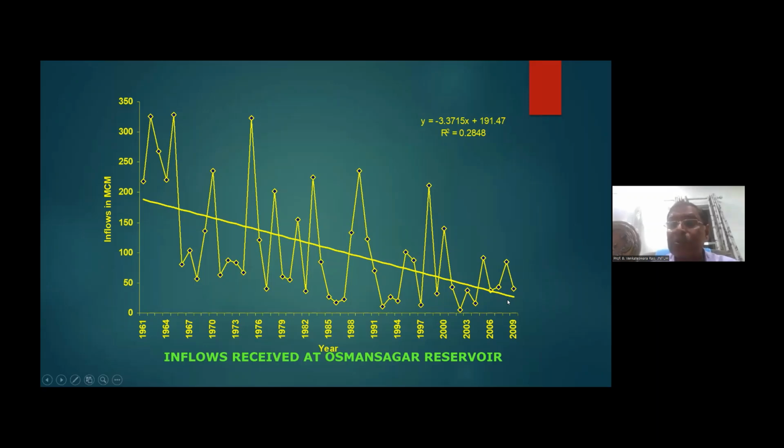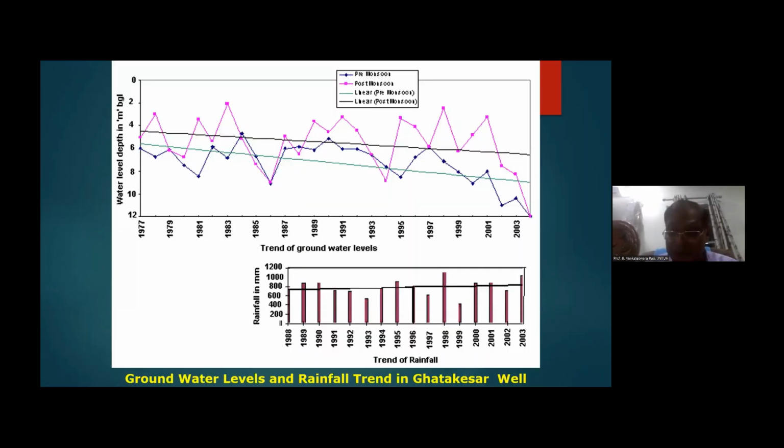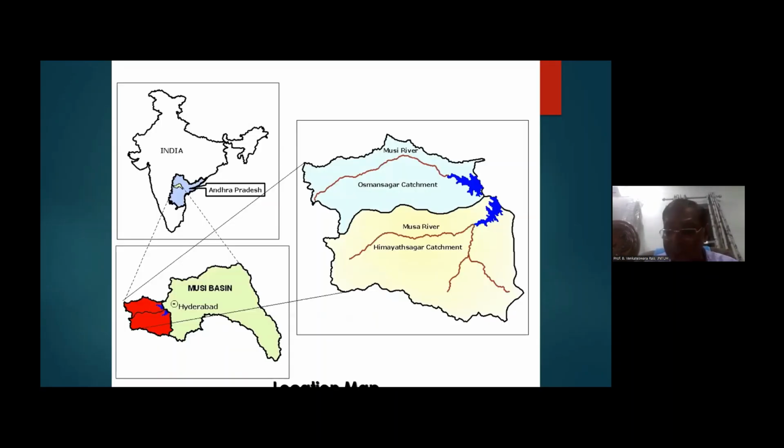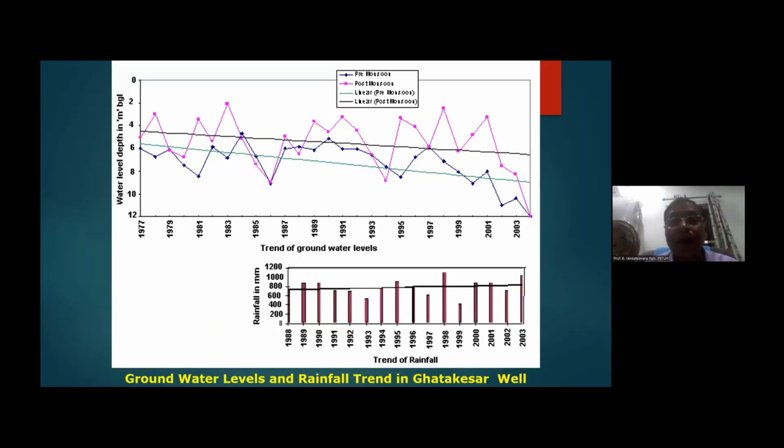This is the data up to 2009, and even up to 2015 it is the same. From 2018 onwards, since the flows were not so big and extra water is coming from other sources, they have stopped using the reservoirs that much. So these are the decreasing inflows to the reservoir. The same is the case with both reservoirs; I have not shown the other because it is the same.